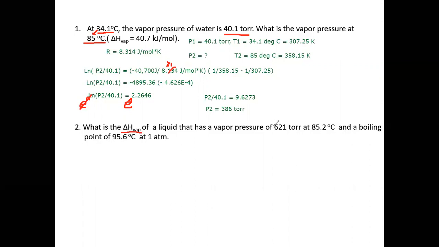So again, since we have a pressure and temperature and another pressure and temperature, we're going to be using the two-point form of the Clausius-Clapeyron equation. And so again, P1 is 621 torr. T1 is 85.2 degrees Celsius, which we convert to Kelvin by adding 273.15.